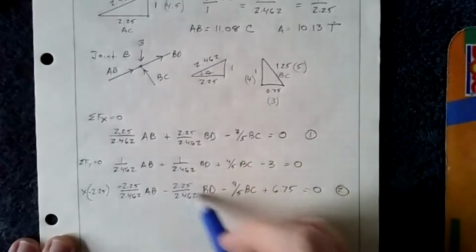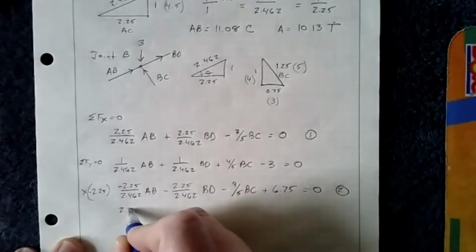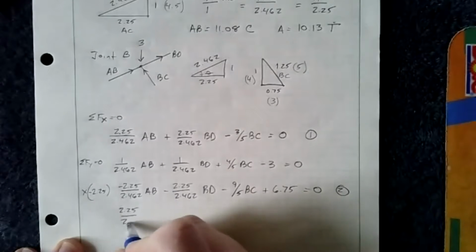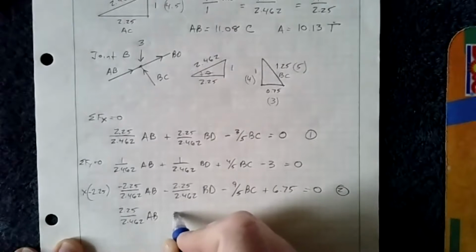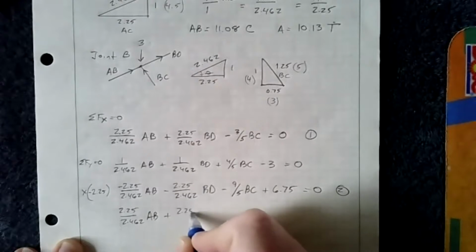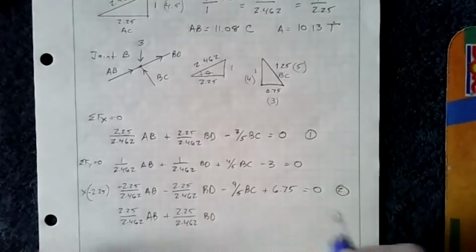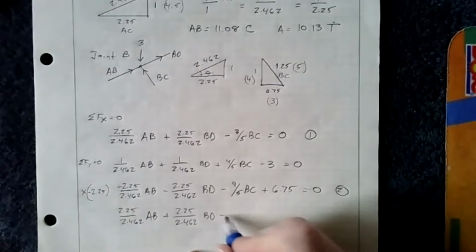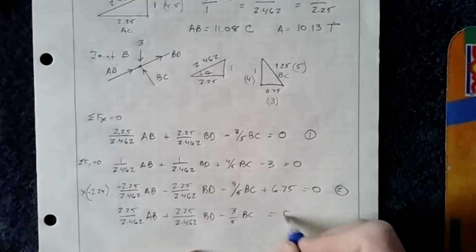So I'm going to bring equation 1 down, and if I do that, I have 2.25 over 2.462 AB plus 2.25 over 2.462 BD, and then minus 3/5 BC equals 0.